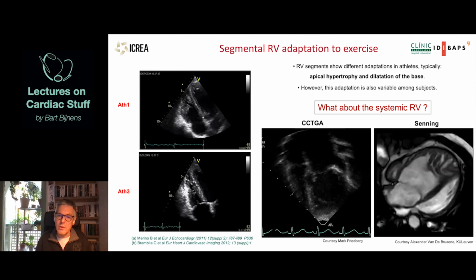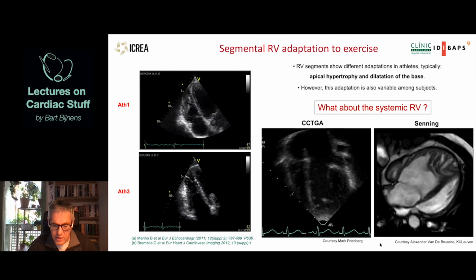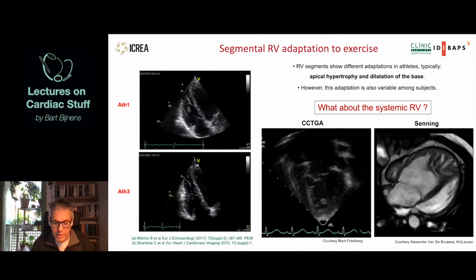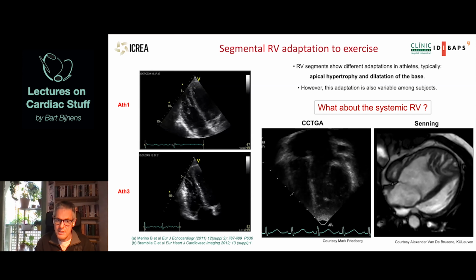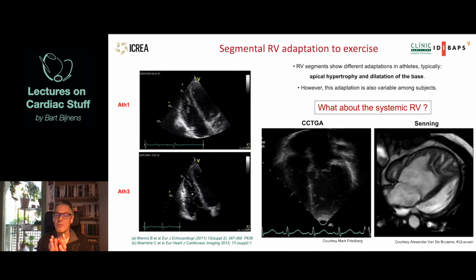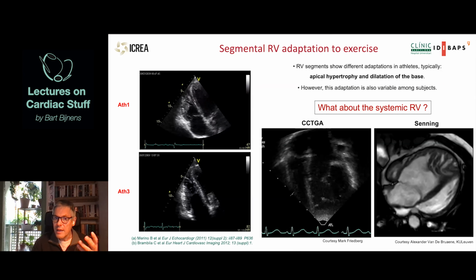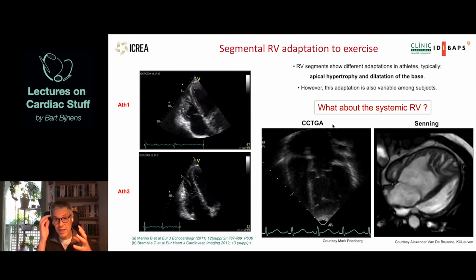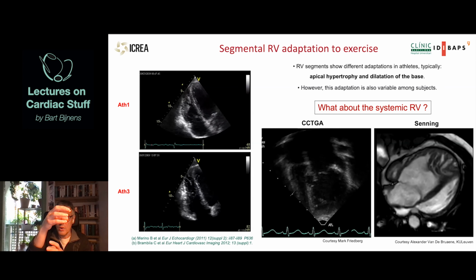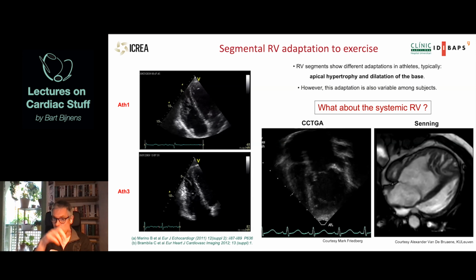And you can actually see that when you look at systemic right ventricles. Maybe in another session we can talk a little bit more about this, but in some, especially congenital, heart diseases, the morphological right ventricle is connected to the systemic circulation. That can be in this way, a congenitally corrected transposition, where the right ventricle is connected to the aorta and is also connected to the left atrium, so that is a normal circulation.